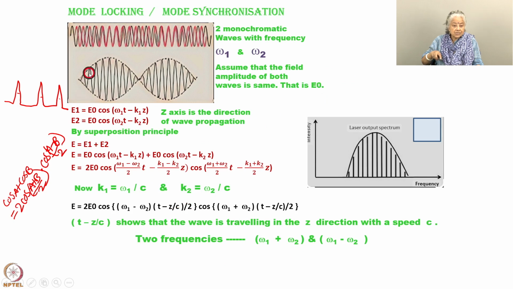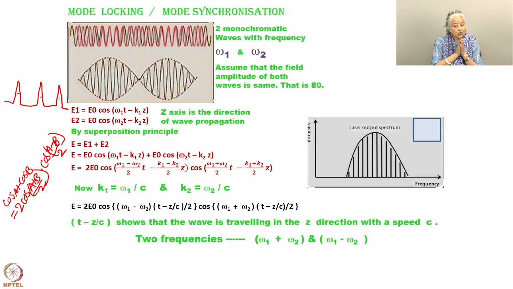So this frequency here, which is a bigger frequency and moving faster, corresponds to this term, and the slower frequency corresponds to this, the dashed line. Okay. So I have these faster frequencies which are clubbed together, and this is a slow frequency. Okay. So this is the beat frequency.